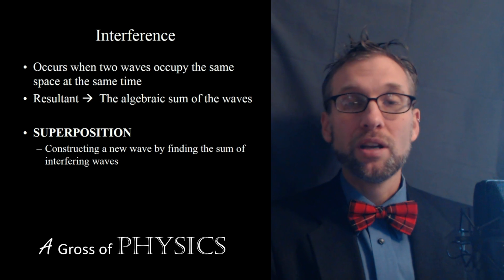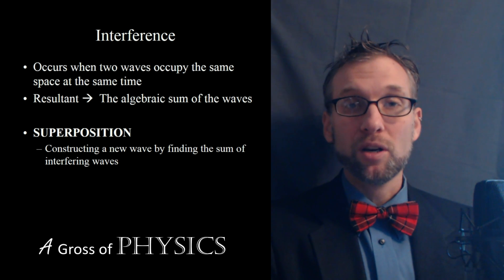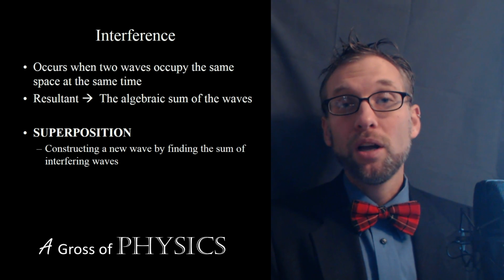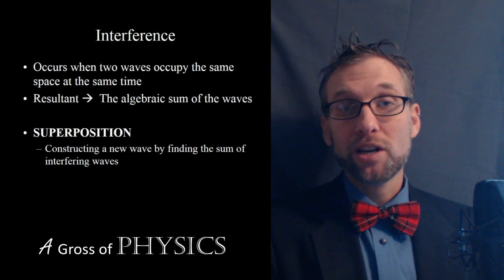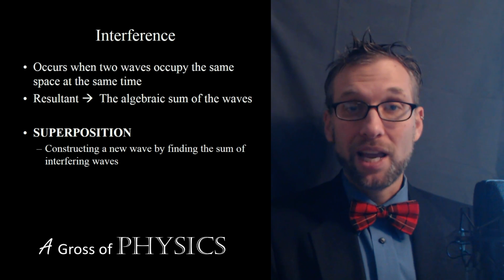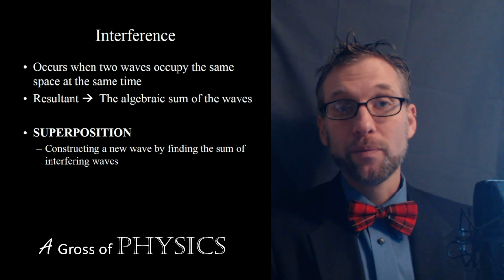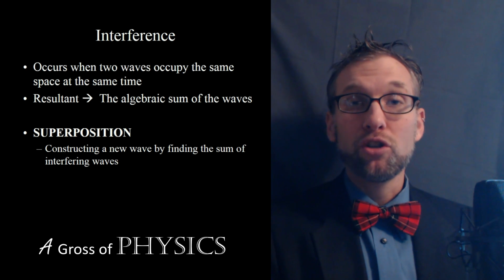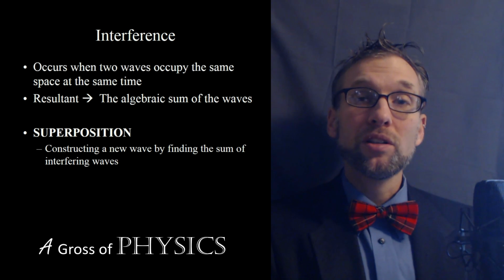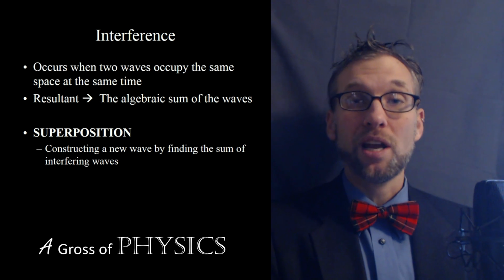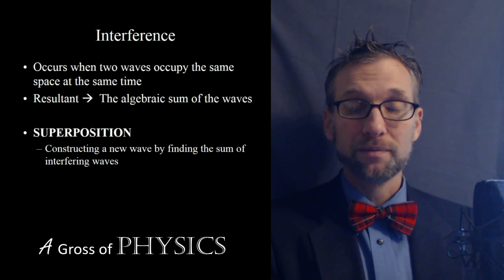So for example, just numerically, if we had a wave that's going to pull a particle up with a single unit, it could be centimeters or meters, and another wave tries to pull up with the same 1 meter or 1 centimeter, then the resultant would be two 1-ups, or 2. So the particle itself would move a total of 2 centimeters or meters or whatever the unit is.